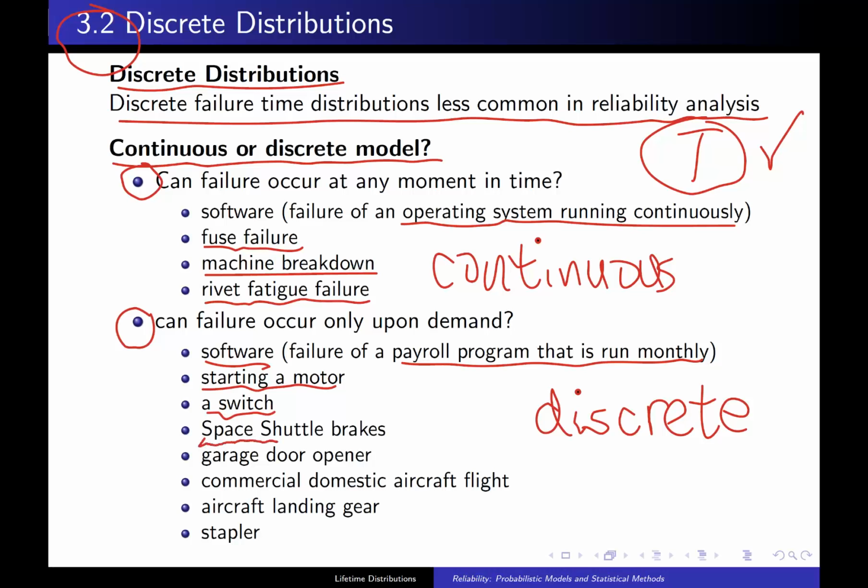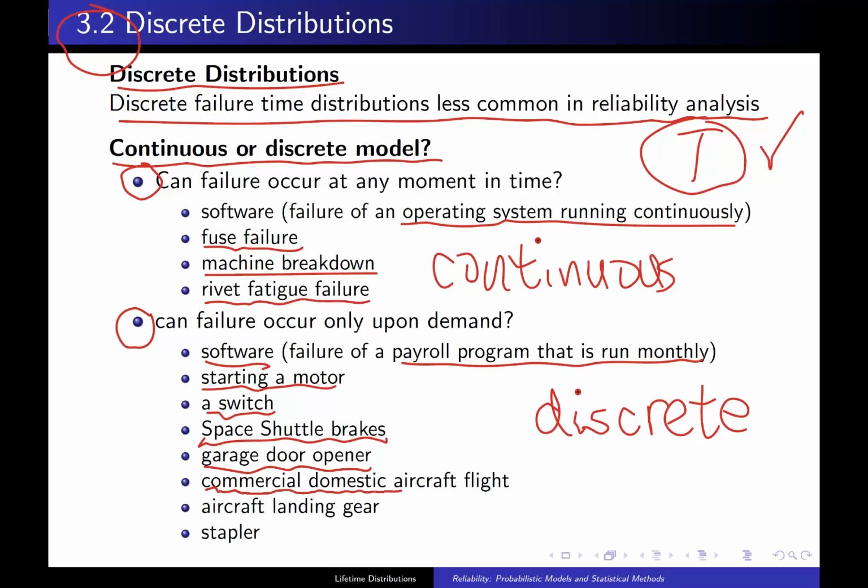If you look at the space shuttle, it had brakes that it would apply after it landed. Those would be done on demand, so that would be a discrete random variable. Every time you use a garage door opener, you have a discrete demand.